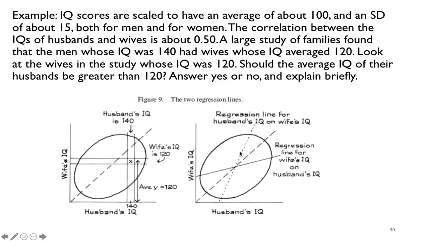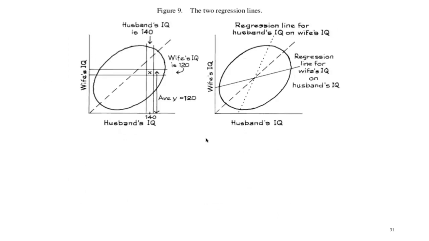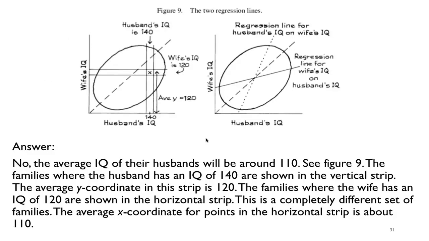So it depends on the problem. We have two possible regression lines. For this problem, the conclusion is that the average IQ of the husbands is actually going to be less than 120, and in fact it turns out to be around 110.